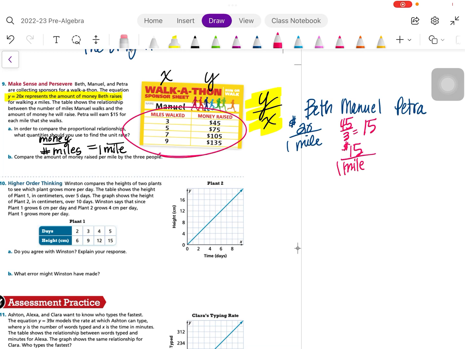Okay, and then Petra is down here at the bottom, and go back to the word problem. It says Petra's earning $15 for each mile that she walks. Okay, so she's also earning $15 per mile, and we don't have to do any work for that because they just told us. So the question says, compare the amount of money raised by the 3 people. So if I were comparing these, I would say that Manuel and Petra are earning the same.